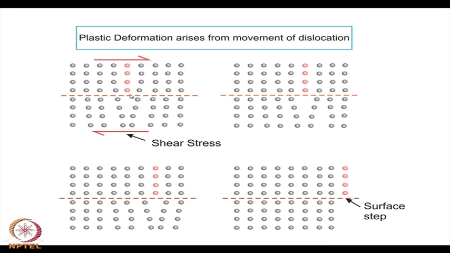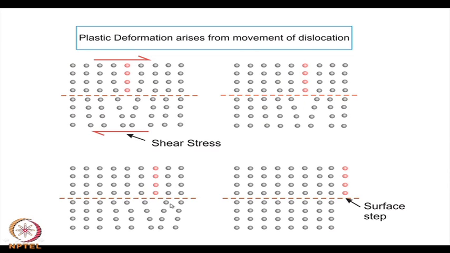Once you have an extra plane over here, this is the dislocation. Again, the dislocation here is a point, extending perpendicular to the surface of the display. So, these are all dislocations here.